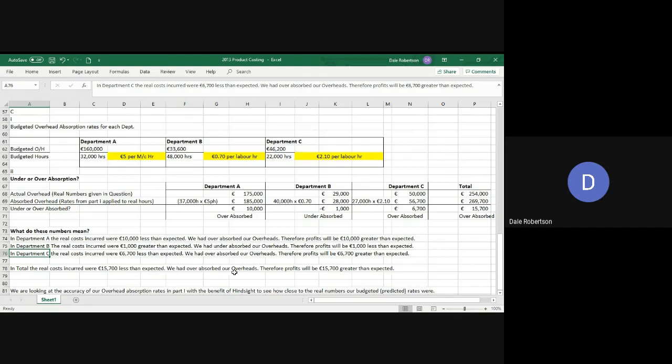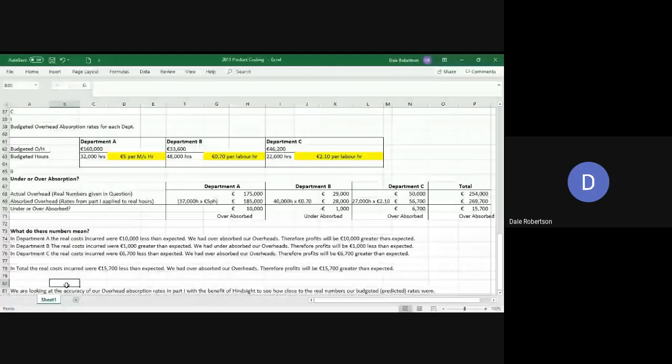Overall, we had overabsorbed our overheads, and the profits are going to be 15,700 greater than expected. And I just put in a sentence here to say, we're looking at the accuracy of our overhead absorption rates in part one with the benefit of hindsight to see how close the real numbers are to the budgeted or predicted rates.